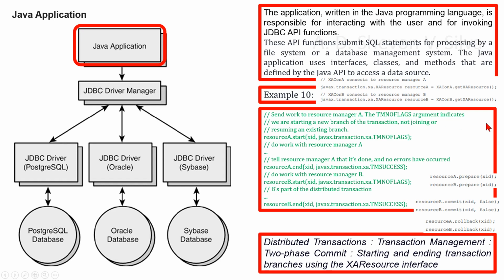The following steps outline how a transaction manager uses XAResource objects to implement the two-phase commit protocol. These steps assume a three-tier architecture where an application server is working with an external transaction manager.